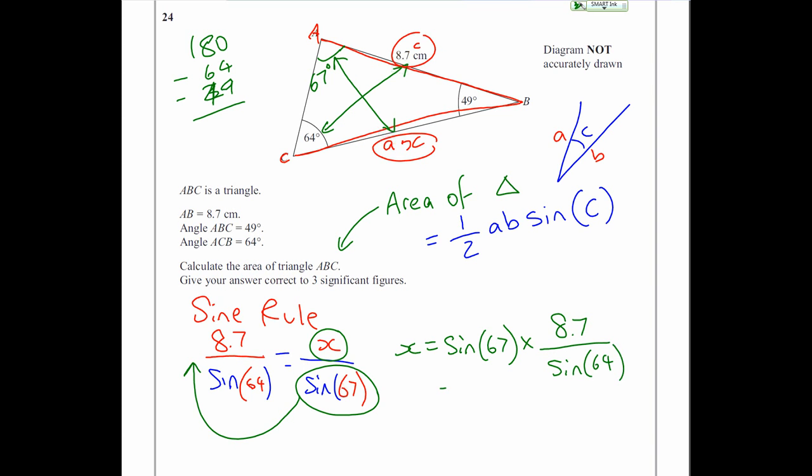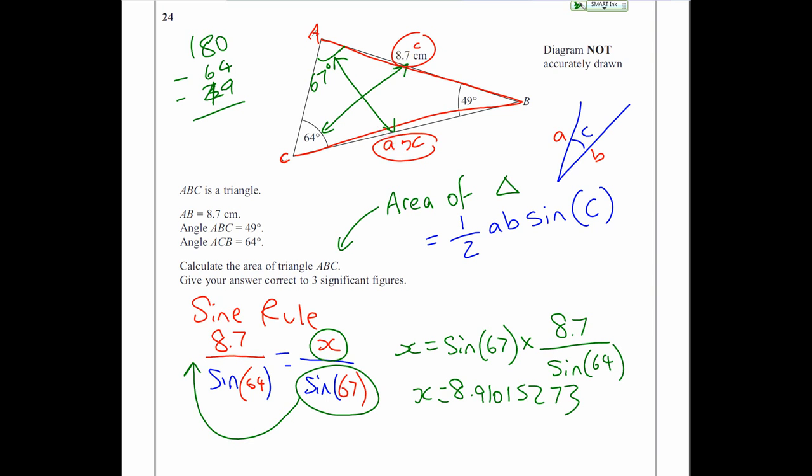On your calculator, you should get that x equals 8.9101523 or something like that.